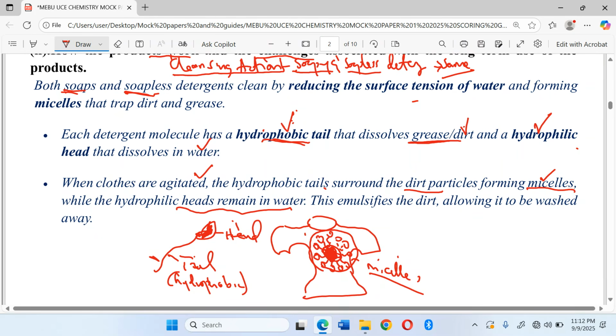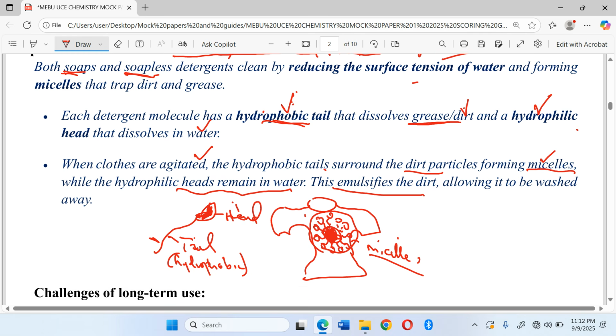This emulsifies the dirt, allowing it to be washed away.